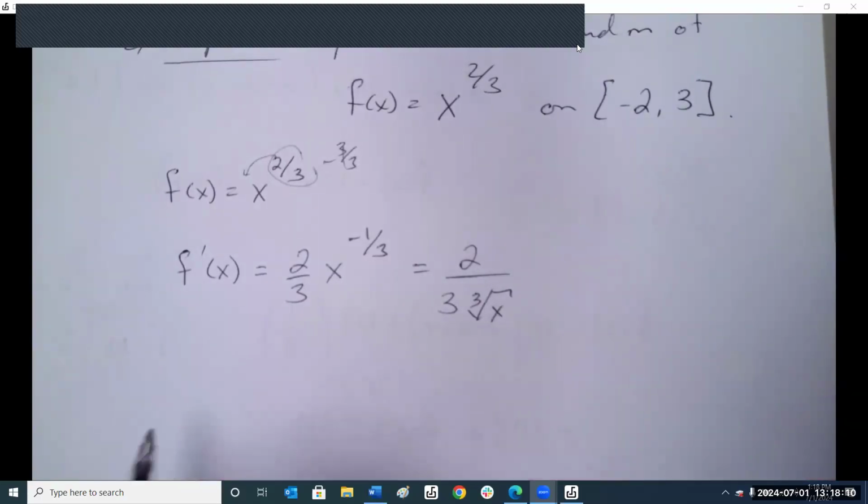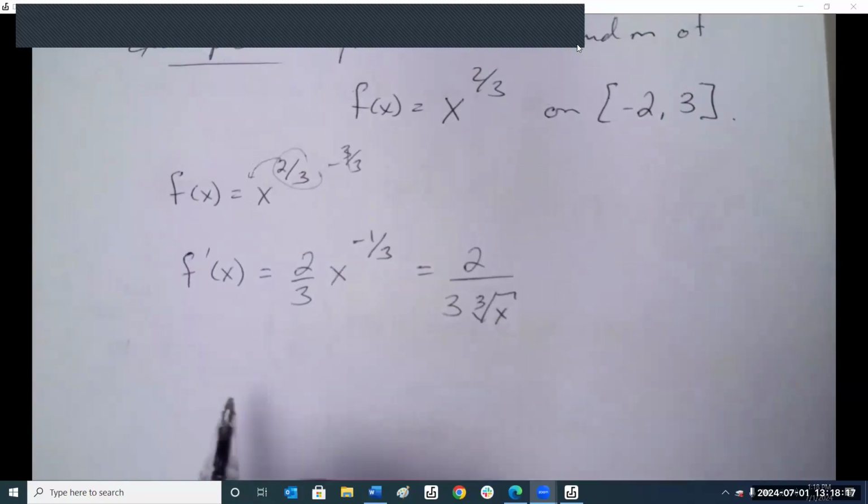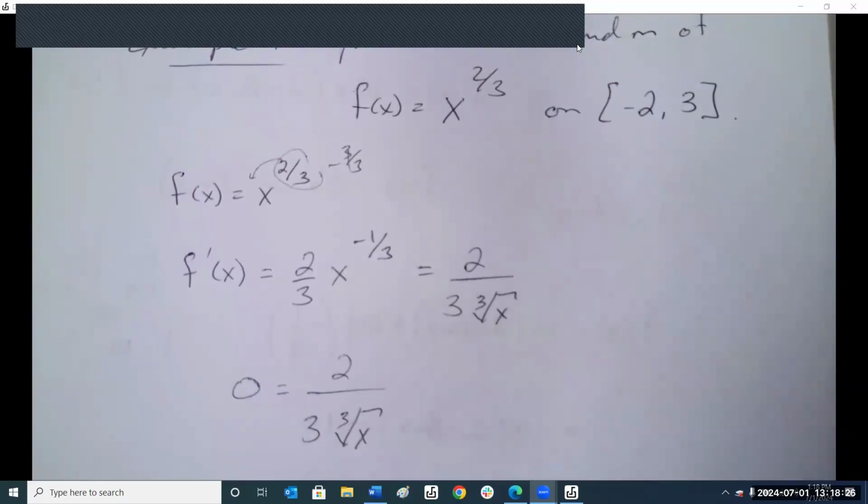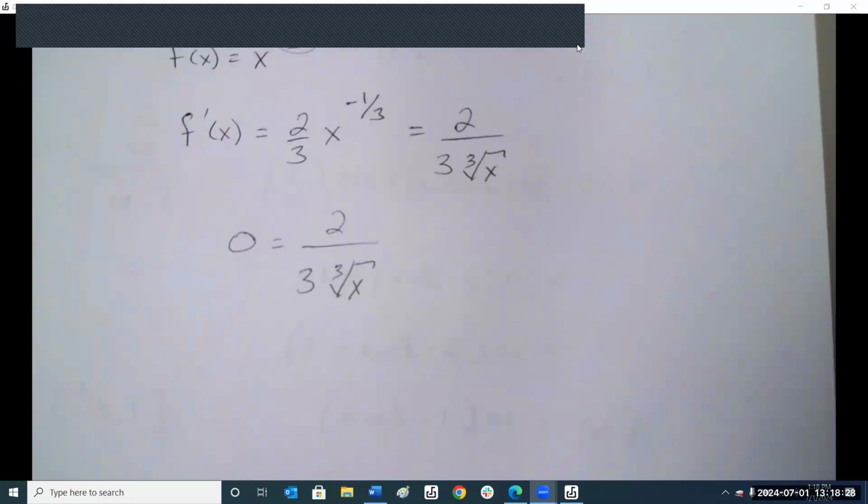Now we got to set it equal to 0. Here's a question. Can this equation ever be equal to 0? The derivative can never be equal to 0.